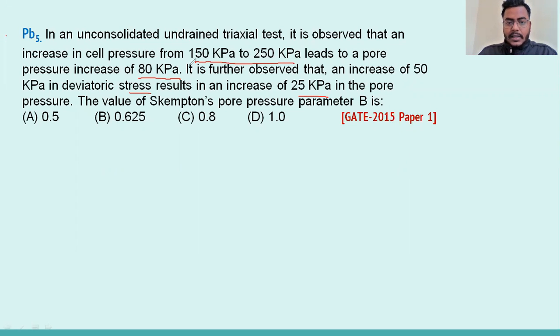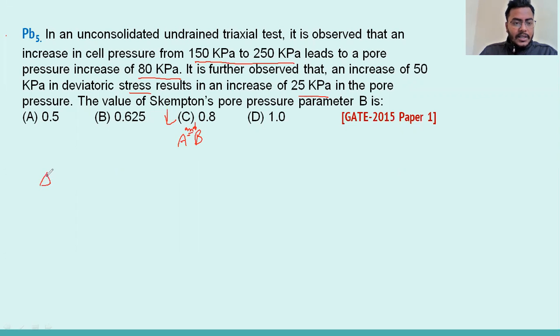So let's discuss what the Skempton pore pressure parameters A and B are. There are two parameters, A and B. I'm not going to derive all these relations, but I will give you some idea about what A and B are.